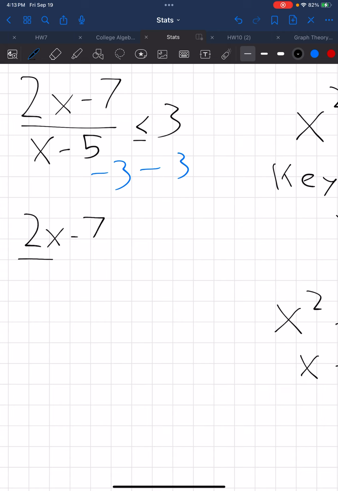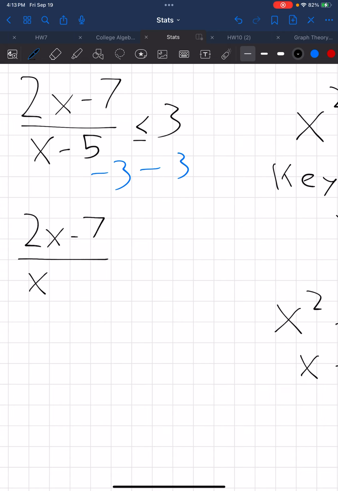So we're going to get (2x minus 7) over (x minus 5) minus 3 is less than or equal to 0. Now we're going to try and handle this. Whenever I have fractions and I want to do some difference or addition, I need to get common denominators. So how do I combine this 3 with the other fraction?